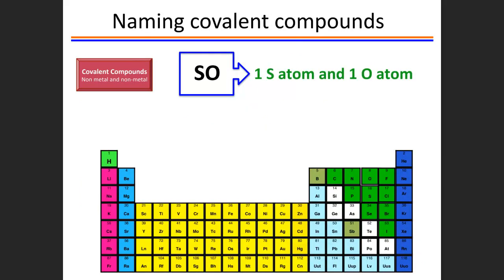Now let's move on to how you name covalent compounds. We know a covalent compound is formed by non-metal and non-metal. For example, here, sulfur monoxide: one sulfur and one oxygen.